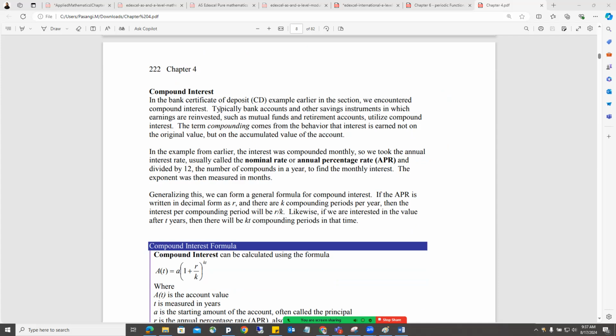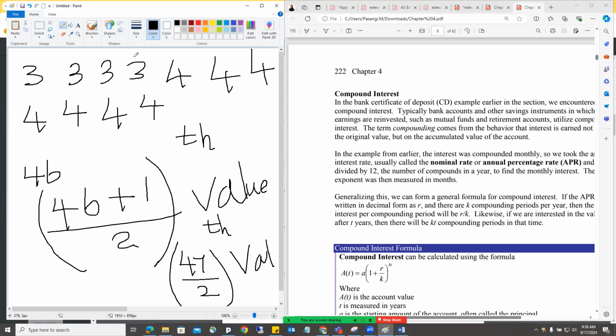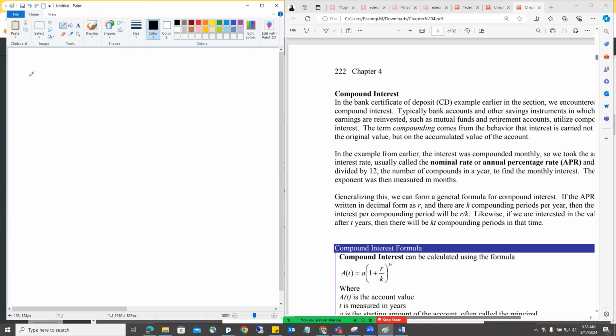Compound interest means we deposit some amount and then at the end of this year we will get an interest.